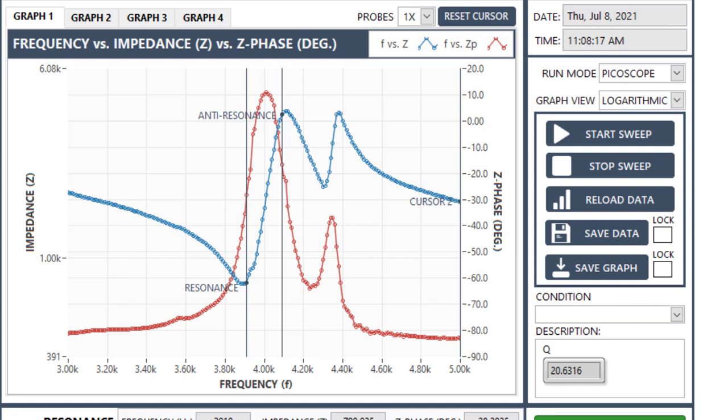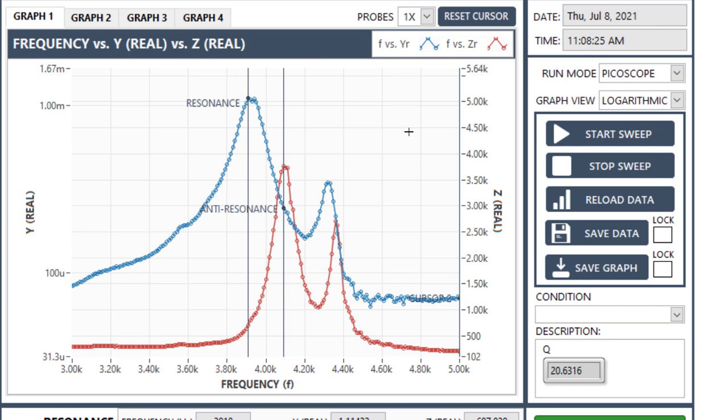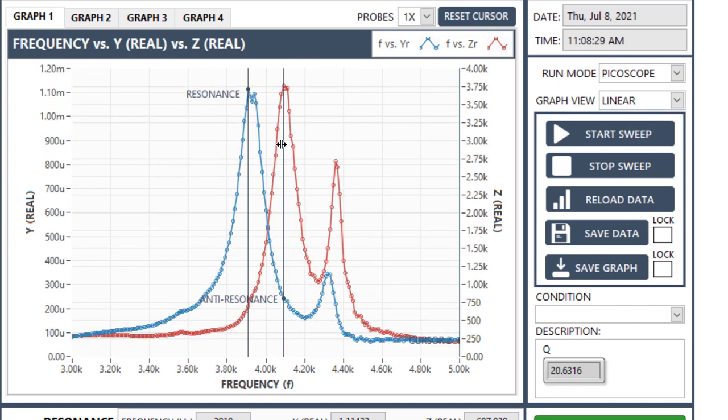I'd also like now to look at real admittance and real impedance. We'll check them out on the linear side. So this is really interesting. We have in blue our real admittance.